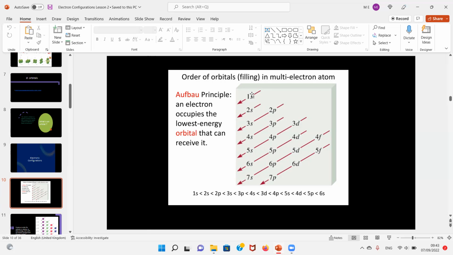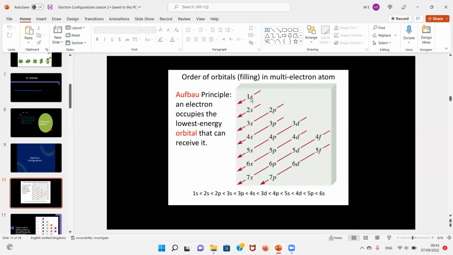So the order of filling these subshells goes from the lowest energy to the highest energy. Lowest energy is this one, 1s, and then this, and then this, etc.